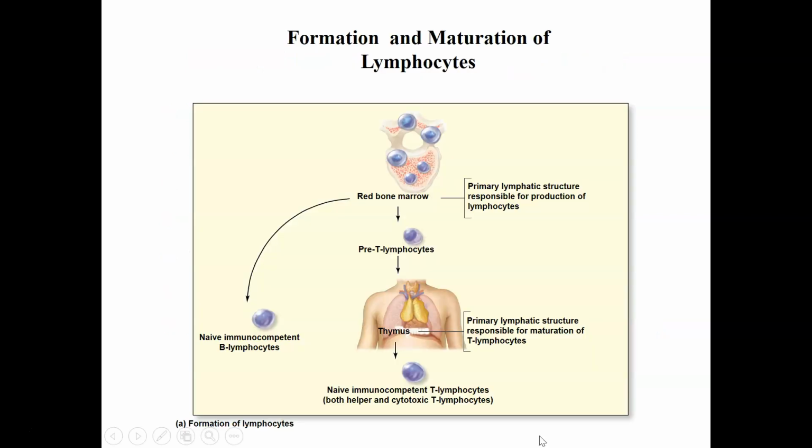All right, so this slide is just reviewing the first two steps, formation and maturation. I'm going to go into detail about what happens during maturation for T and B cells, but this is just where it happens: the red marrow and the thymus.